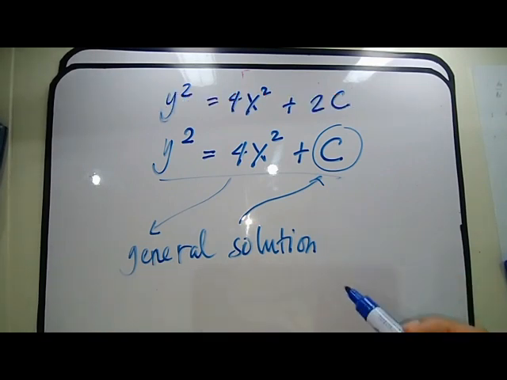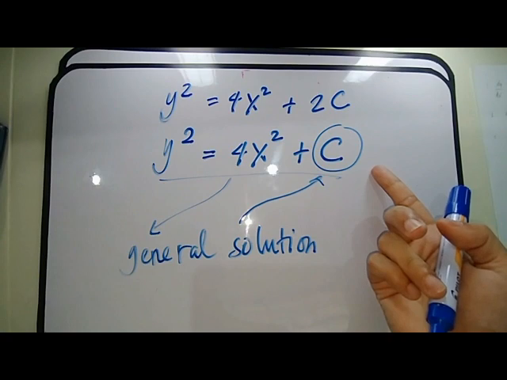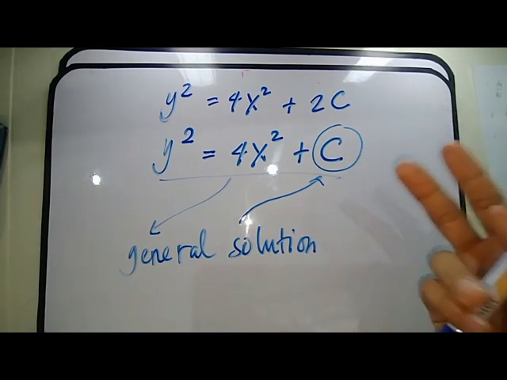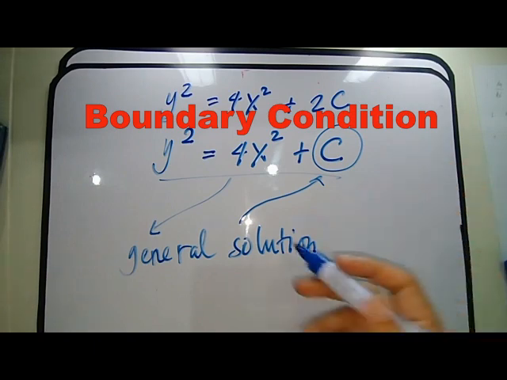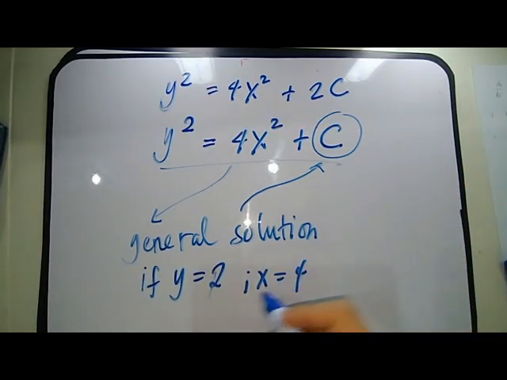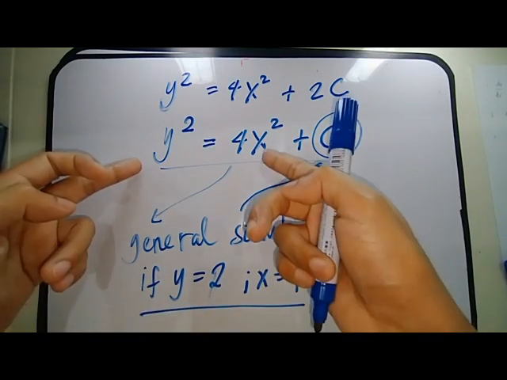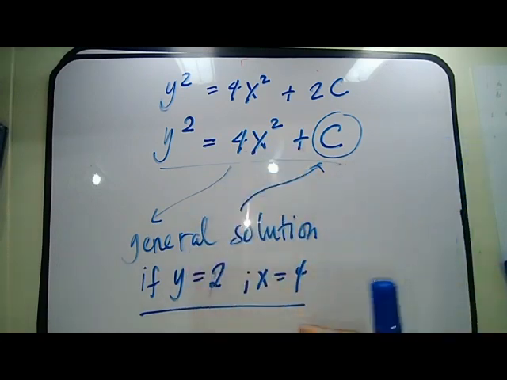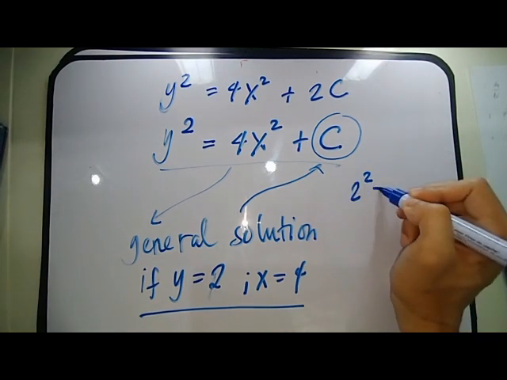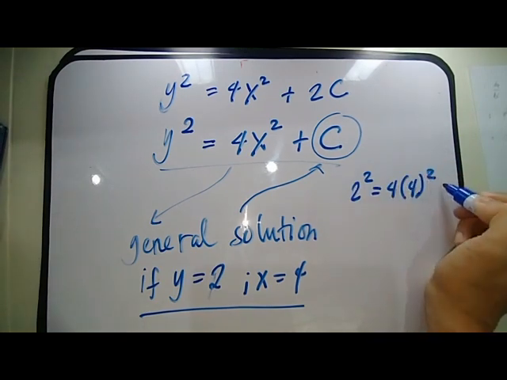Therefore, it's called general. So if your constant has a value, it will only have a value if you have a boundary condition. For example, if y is 2, say x is 4. So this is what you call a boundary condition. So basically, we just substitute, then we can find c. For example here, if y is 2, x is 4. So we just substitute this boundary condition. You have 2 squared equals 4 times 4 squared plus c.